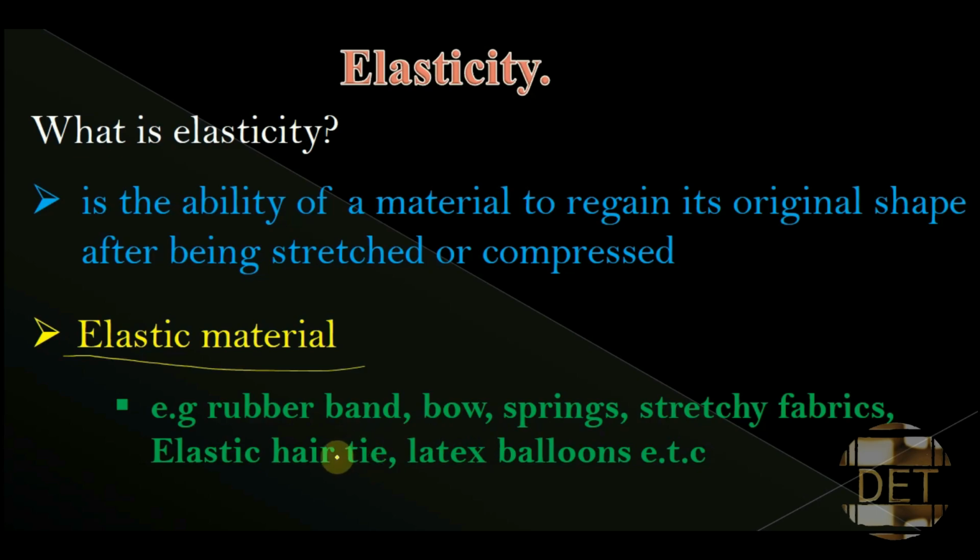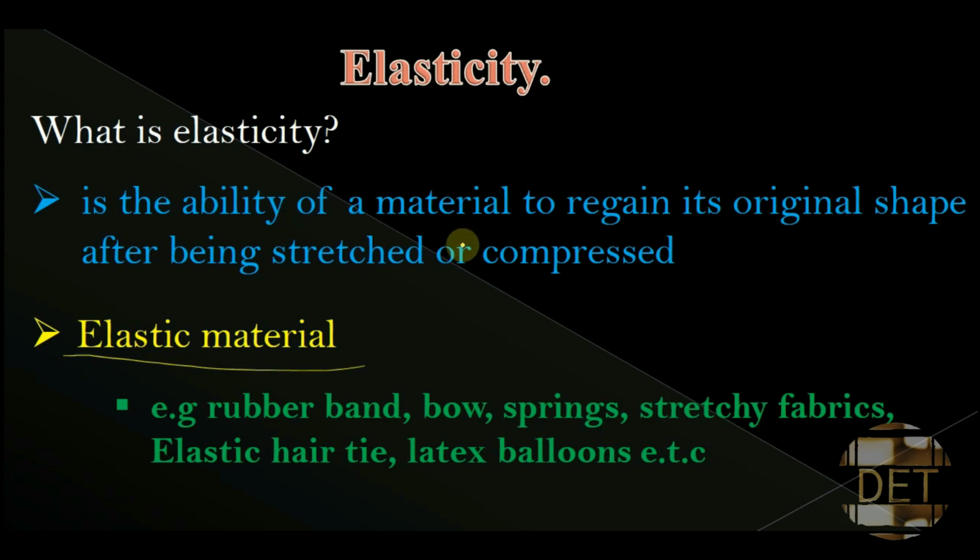If you stretch them, they can still return to their original shape. If you compress them, they can still return to their original shape too. That is what makes them elastic materials.